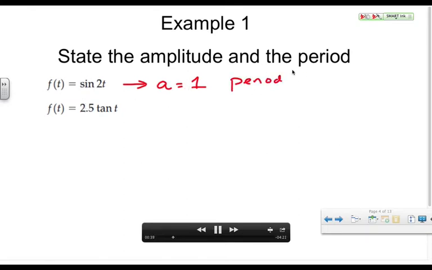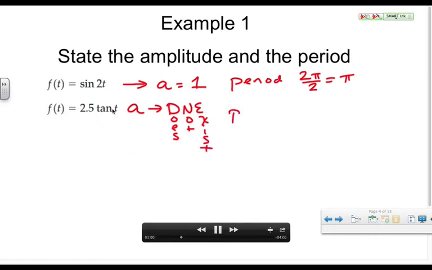The period is 2 pi over 2, which is pi. Now for tangent, the amplitude does not exist. Yes, there's a 2.5 here, but that doesn't mean anything. There is no amplitude with a tangent function. These can be tricky questions, so make sure you answer them correctly. The period is then pi over 1, which is simply pi.